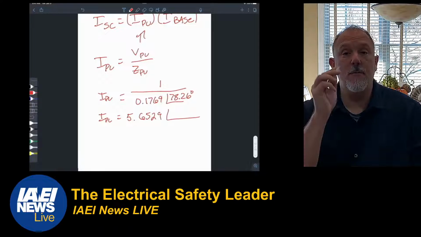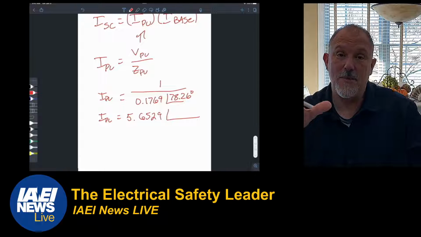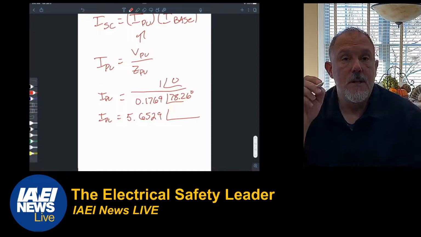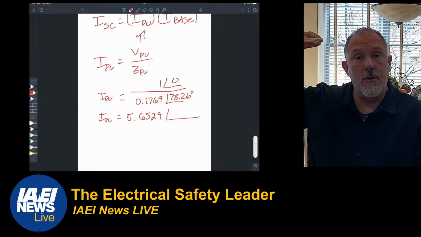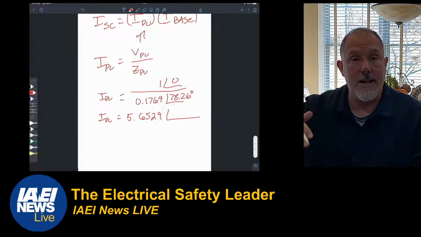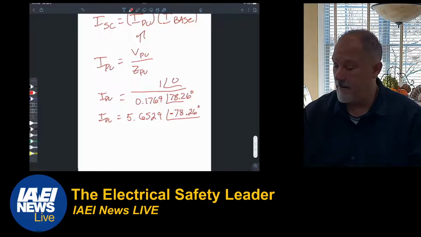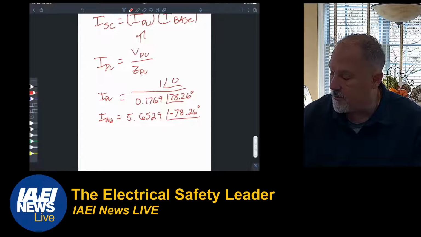At an angle of, remember, with complex variables, when you have 1 at an angle of 0 and you divide, you take the numerator angle minus the denominator angle. So the angle of this is minus 78.26 degrees. So that is my I per unit.